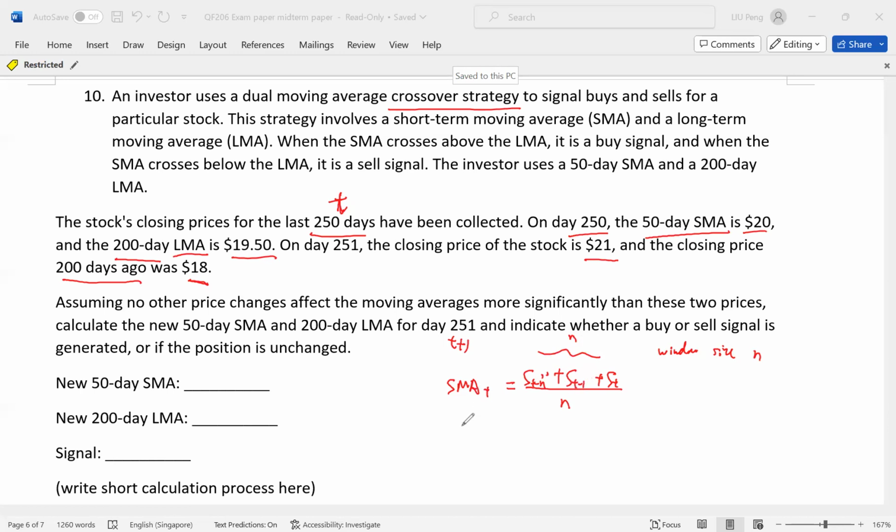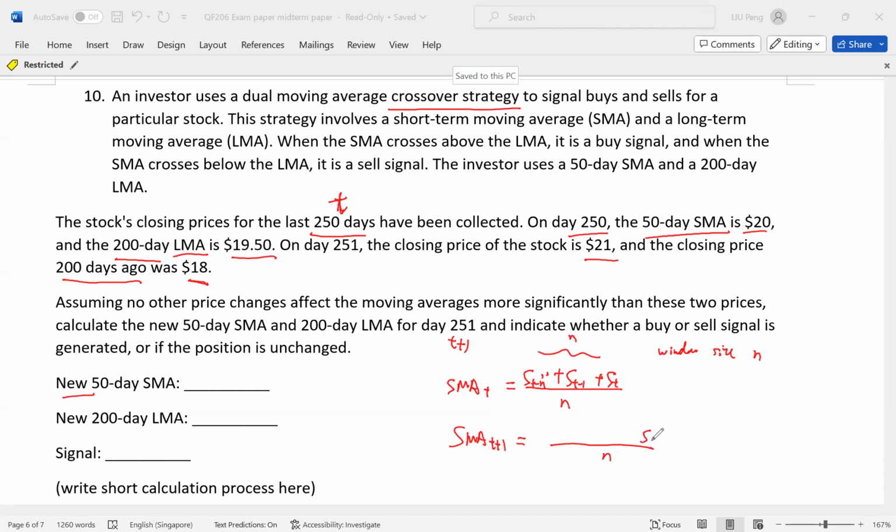Now we move into SMA_{t+1}. That's what we want to calculate, the new short term SMA_{t+1}. Let me write again. We still have n periods, because it's the same window, but the new price point S_{t+1} comes into the window.